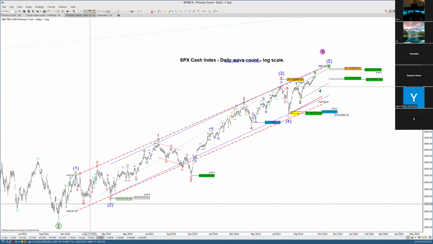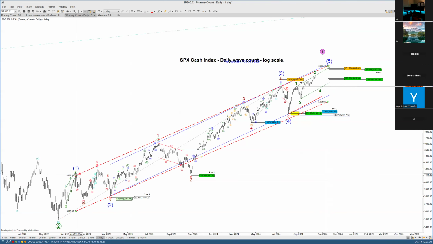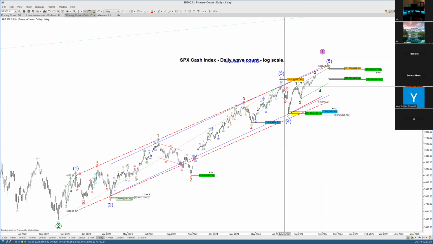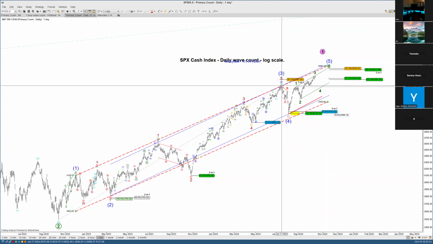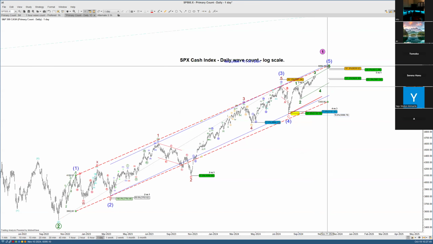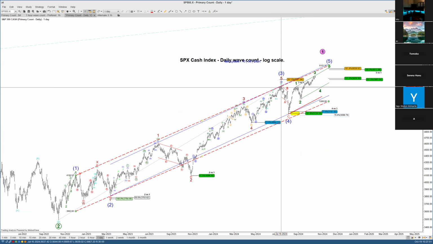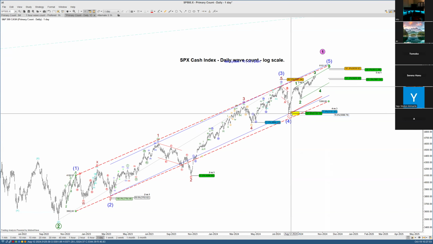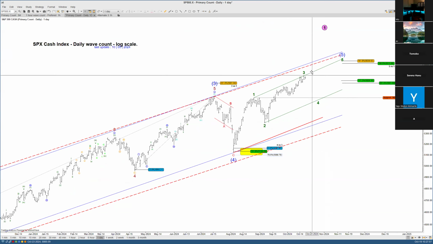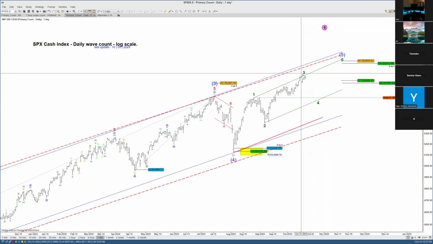If you just take the high of 1 and just connect with your 3, this is the channeling technique that you can use. You connect the 1 with the 3, that way you have the 10% drawdown. Look how much room do you have to the upside here. This market has room. Don't fight it.